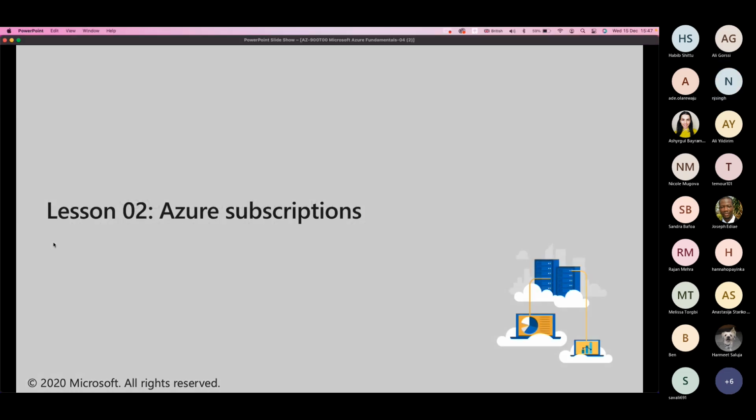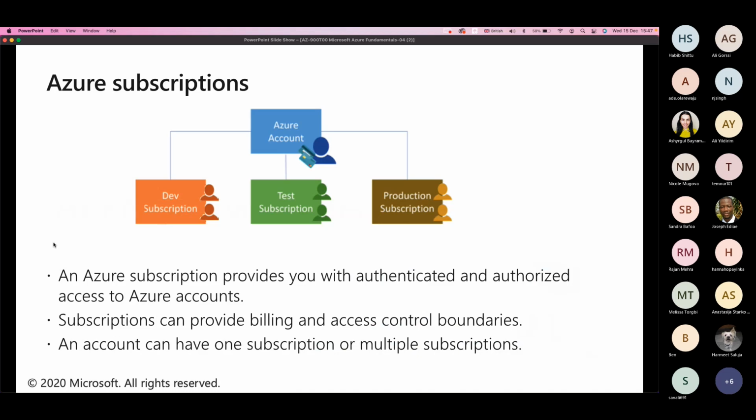So starting with Azure subscription. In terms of Azure subscription, we've got the graphic here. We've got an Azure account which has the dev subscription, the test subscription, or production subscription, for instance.